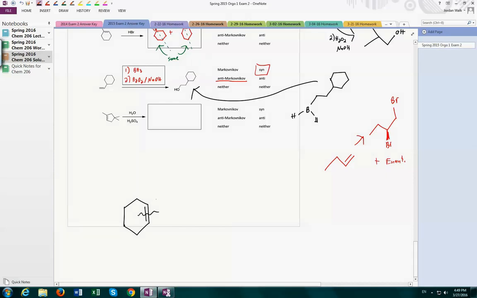For example, we break this thing open using ozonolysis, so we have O3, and then a reductive workup, dimethyl sulfide. It's all about cleavage, so we cleave our alkene. In these cycloalkenes, you're going to end up with one product, because when we cleave the double bond we're still connected together through the rest of the ring.